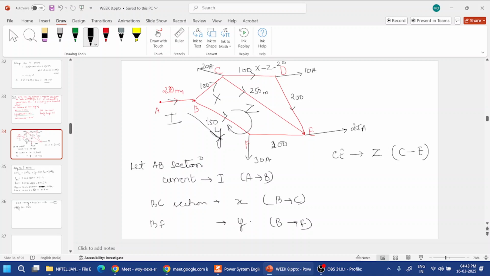The same current will go here, but with another 10 ampere deficit. C, D, E, C. Then again, we are taking the current here. We know the value of the current here, that is Z multiplied by this.